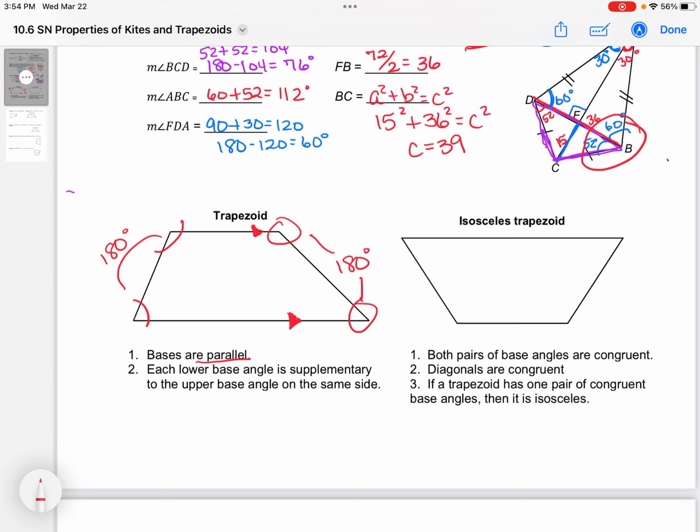When you have an isosceles, both pairs of angles are congruent. So this is equal to this, and this is equal to this. These lines are parallel still.